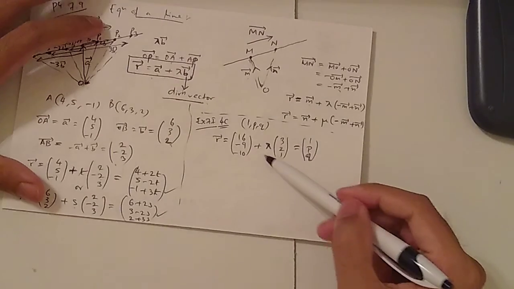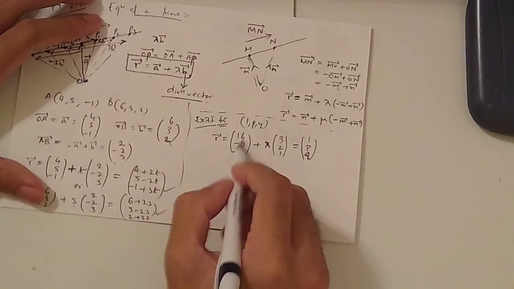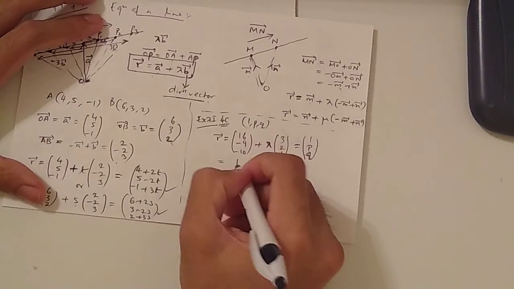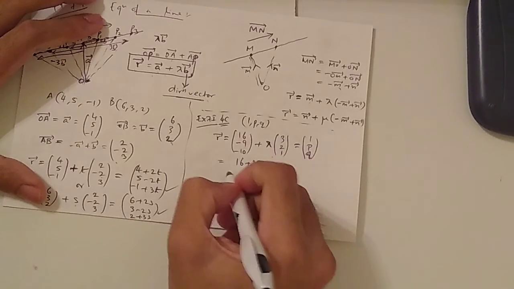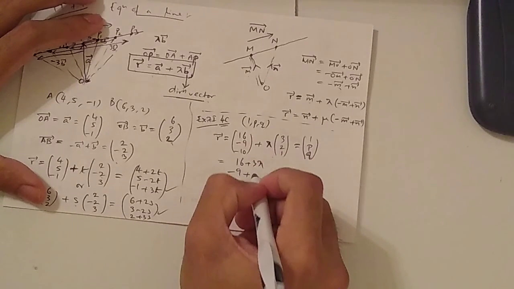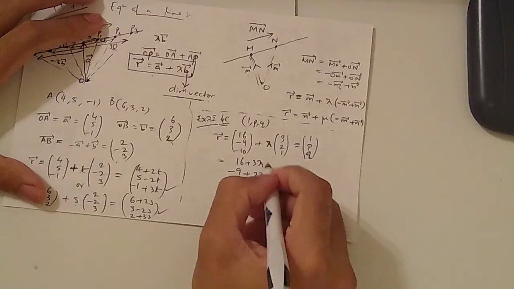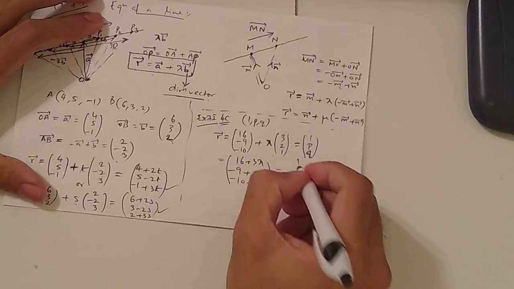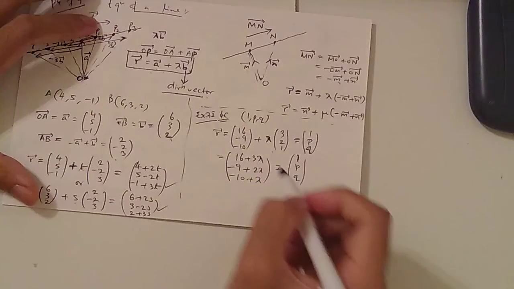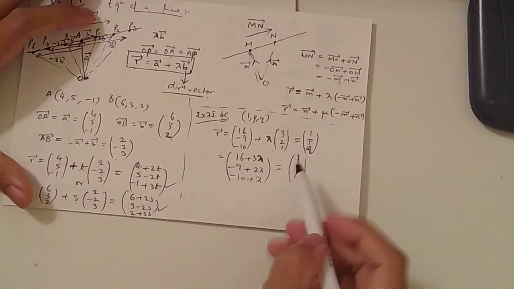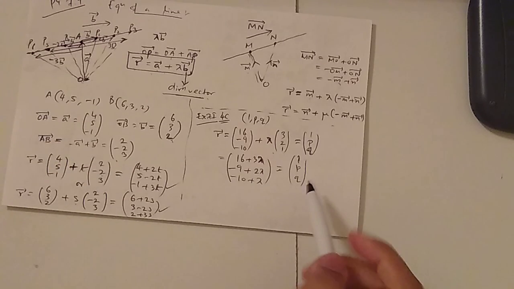So let's combine the equation. This equation is going to become (16 plus 3 lambda, minus 9 plus 2 lambda, minus 10 plus lambda), and this is equal to (1, p, q).